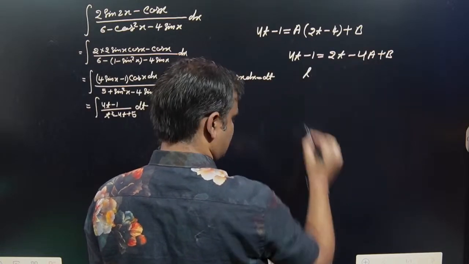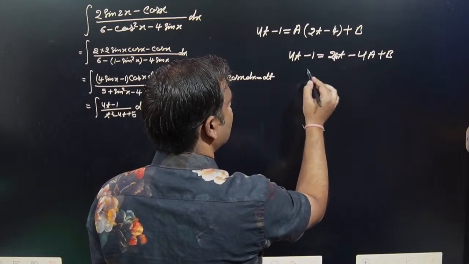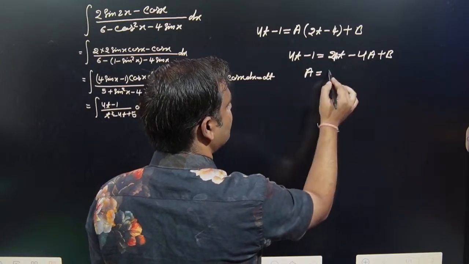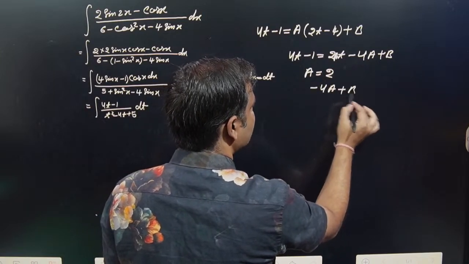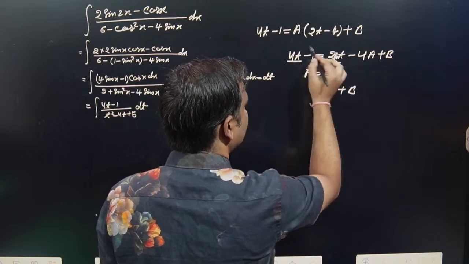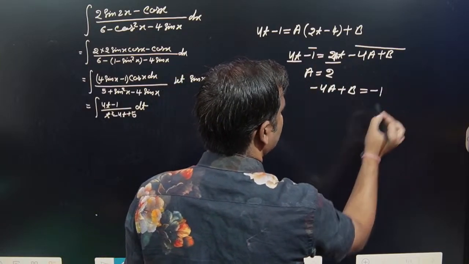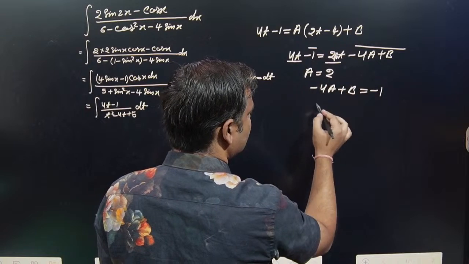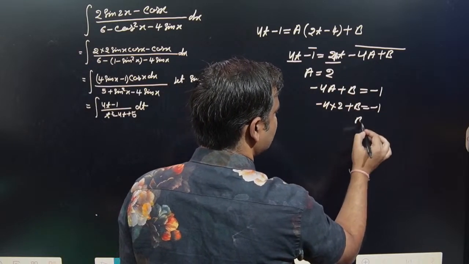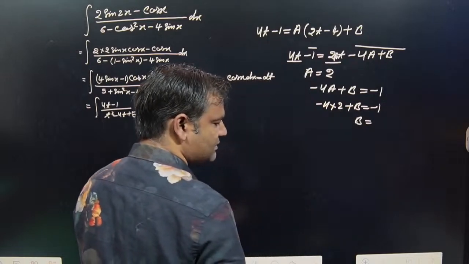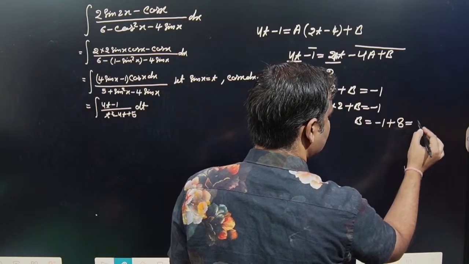So what about a? 2a equals 4, so a equals 2. And minus 4a plus b, basically we compare this one to this one, so minus 4a plus b equals minus 1. So if we put a here, b equals minus 1 plus 8, that is how much, 7.